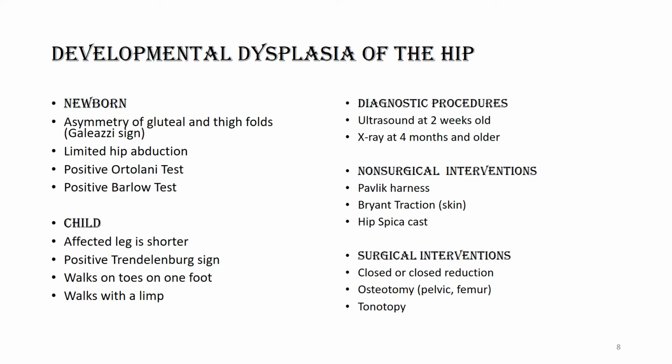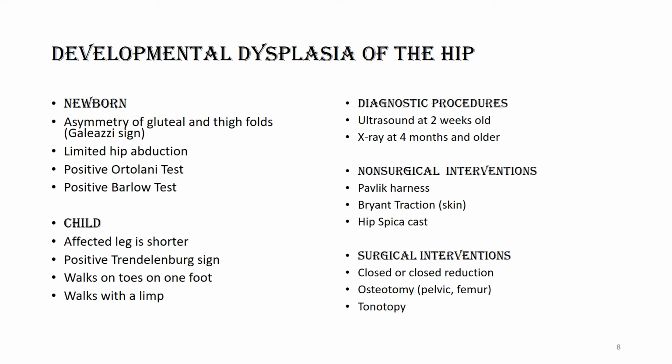So a baby with developmental hip dysplasia will have a positive Ortolani and positive Barlow test, and they'll have limited hip abduction. They have a hard time. They have stiff hips, I guess is a good word to say.